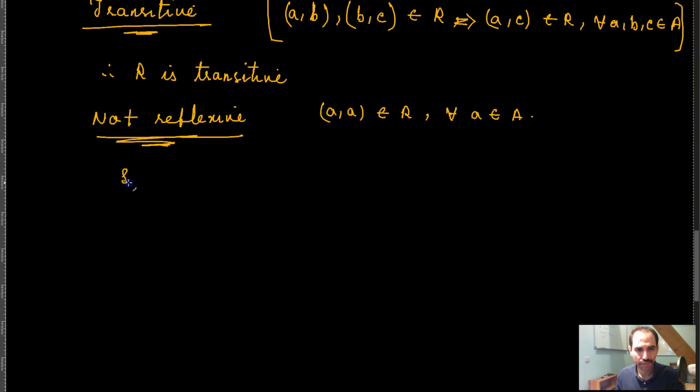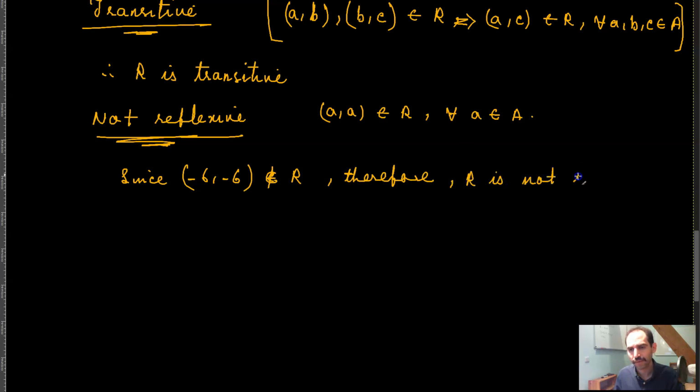So since (-6, -6) does not belong to R, therefore R is not reflexive. Right, so that is basically that.